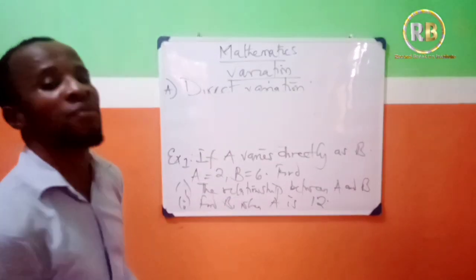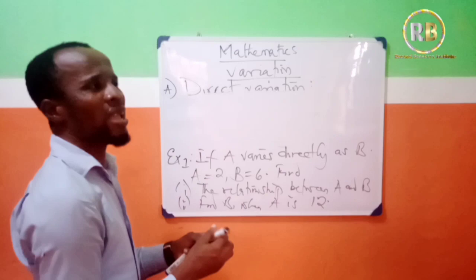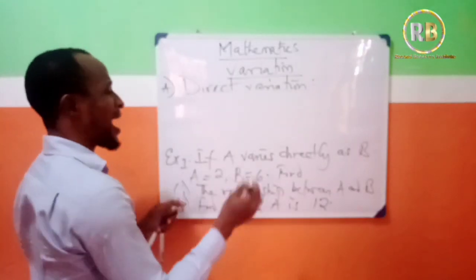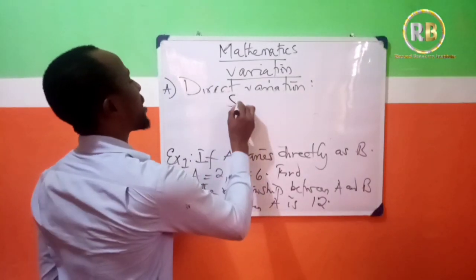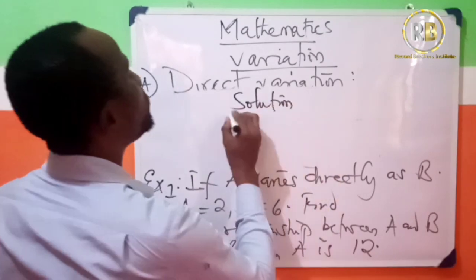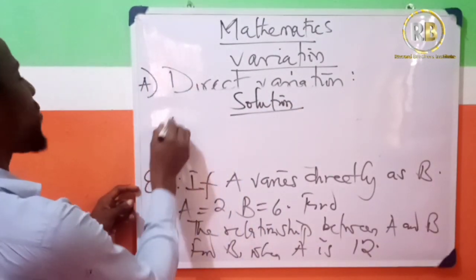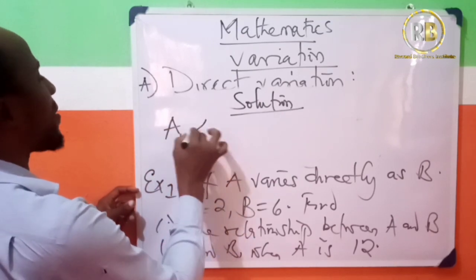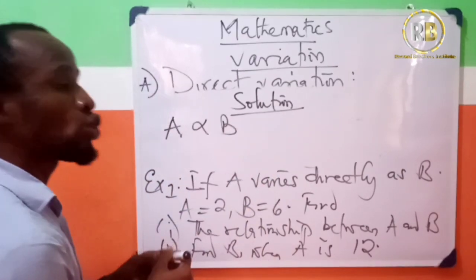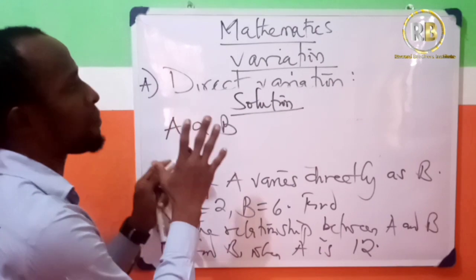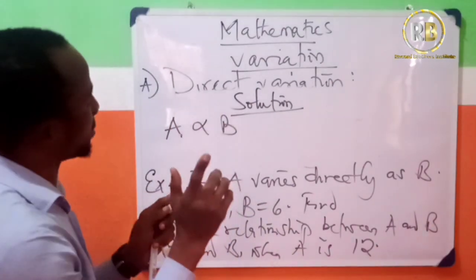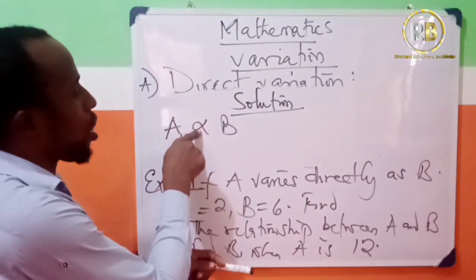Now, how do we solve this? Please, I want you to pay very close attention to how I'm going to solve it. Remember I said our topic for today, number one, has to do with direct variation, which has to do with A and B. Now, if A varies directly as B, and I told you in this topic, variation, we always change the sign or the symbol.